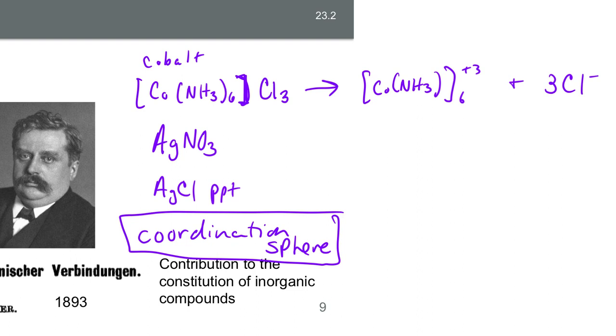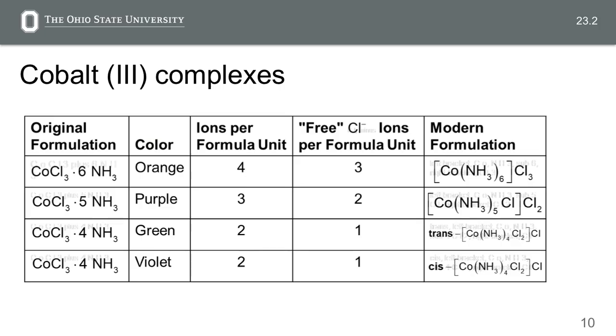And everything else outside of those brackets dissociates. Okay, so that's essentially what he came up with. And then we're going to take a look at the next slide and look at a few of the other things that go into this. Spheres. The central metal atom and the molecules that are bonded to it.